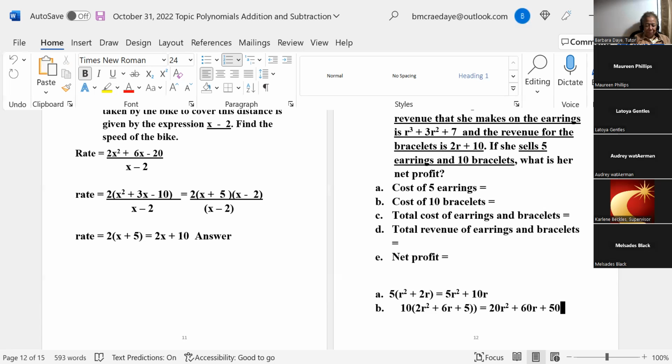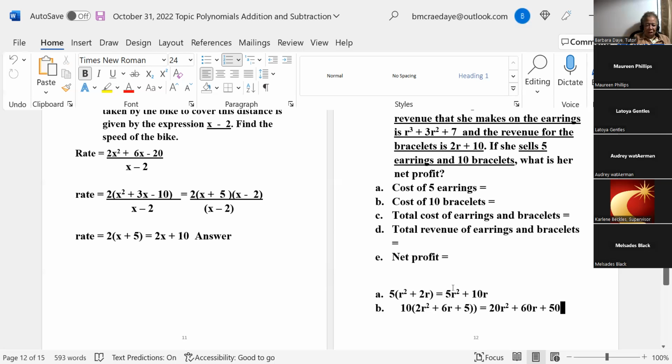You add the cost of the 5 earrings plus the cost of the 10 bracelets. In other words, A plus B would give you C. Add what we got for A to what we got for B, Maureen.